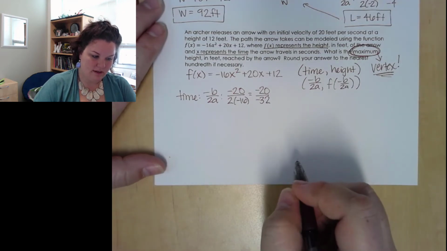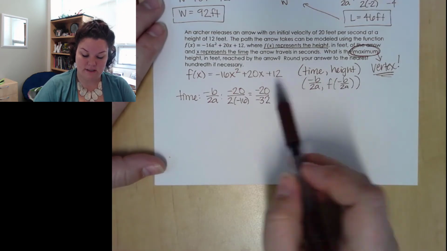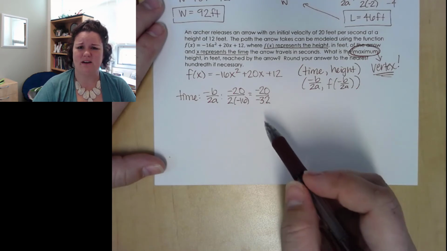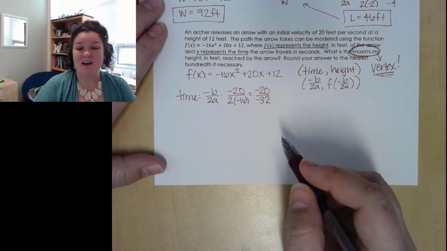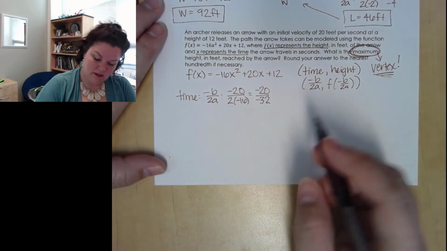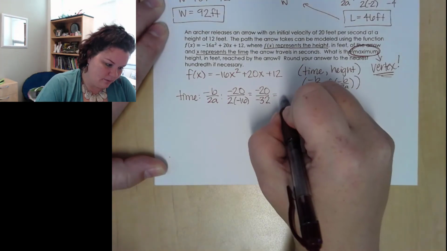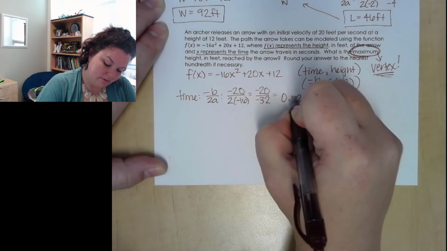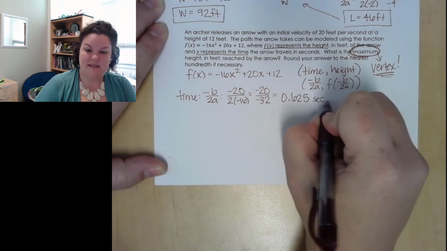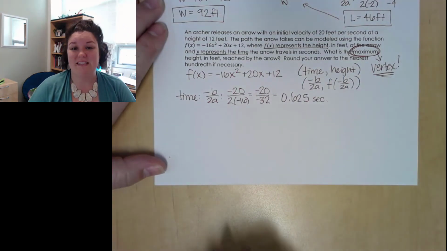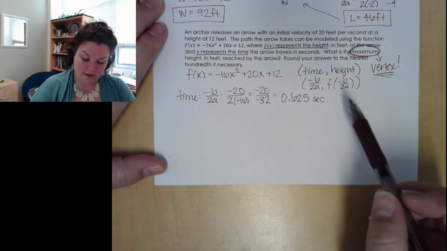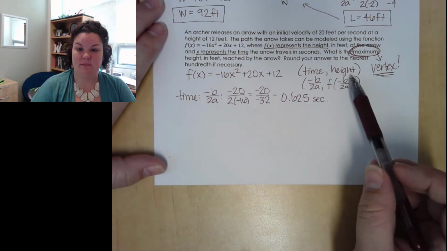And that is going to come out to, now since it said I can round to the nearest hundredth, I'm guessing these are not going to come out pretty, but I'm going to try not to round my answer until the very end. Okay, so when I divide these two numbers, I get 0.625. Okay, so that means it's going to take 0.625 seconds for my arrow to reach its maximum height.